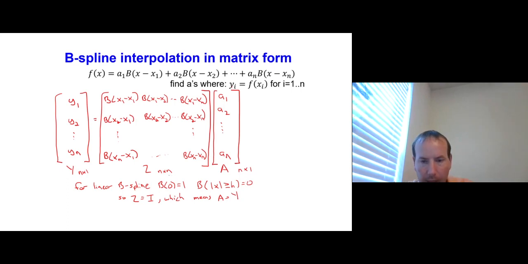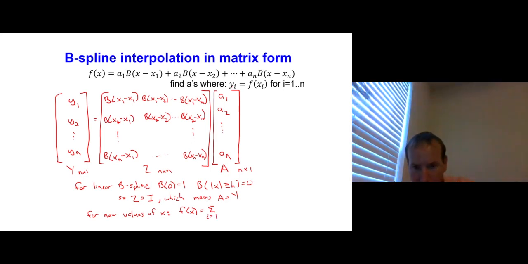Okay. And then once you solve for these coefficient matrices, then for new values of x, this is sort of like what it was like for the polynomial interpolation, where it's going to be a sum of the y's multiplied by the basis function.